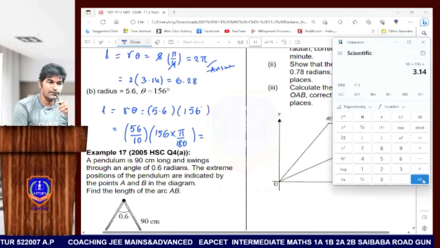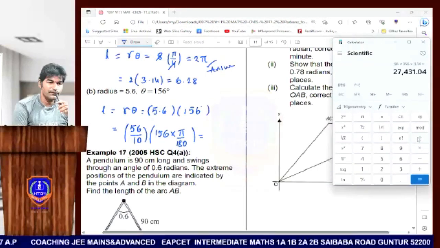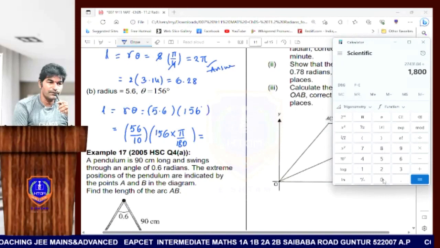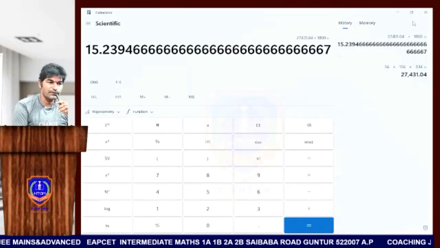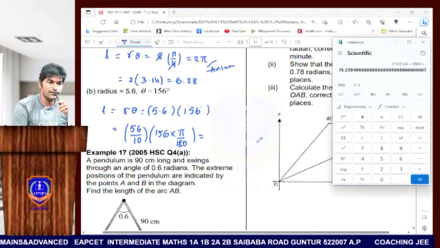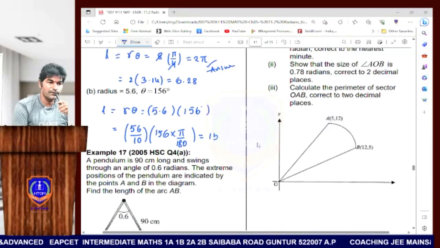Pi is also taken as 3.14, and we should divide this with 180 into 10. 180 into 10 is how much? 1800. Now the value is 15 point how much? 15.2394 and so on. So write down 15.23. This is the answer.